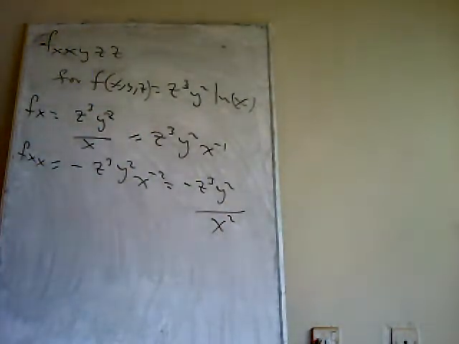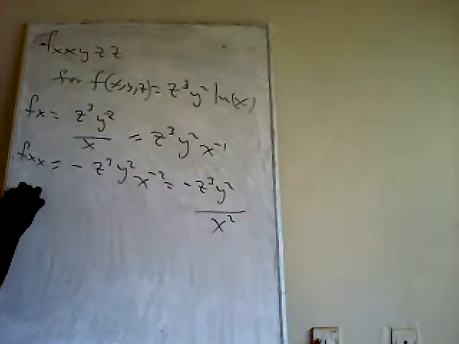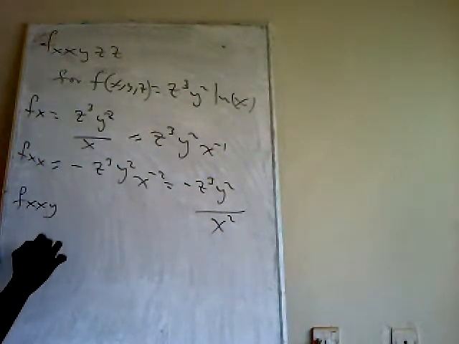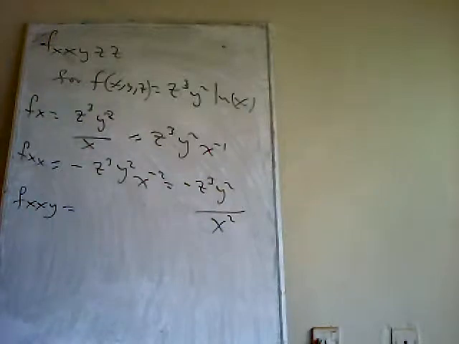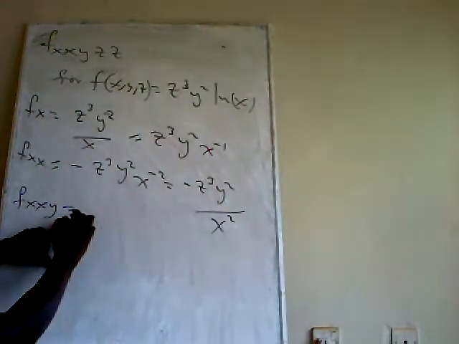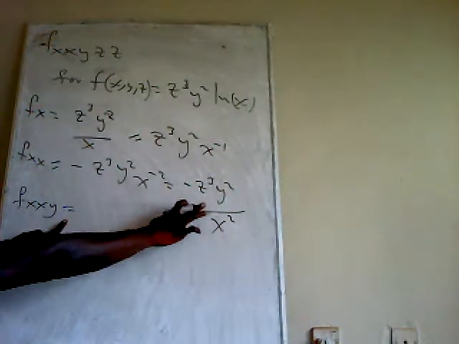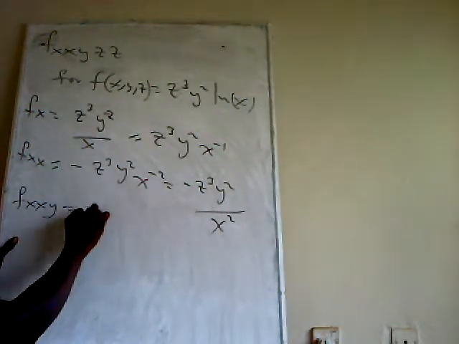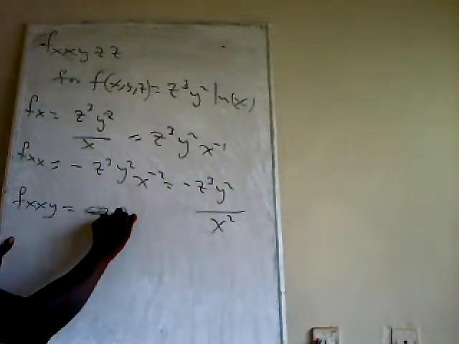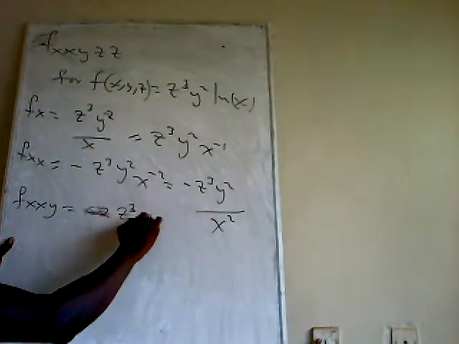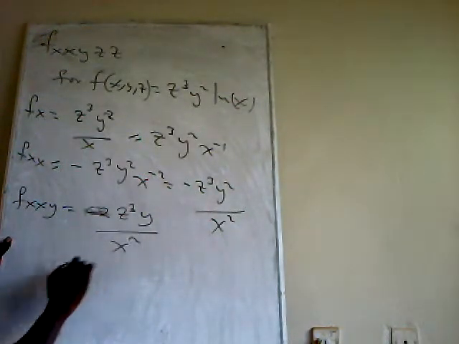Next, I want to find fxxy. I differentiate this with respect to y, and I'm going to have minus 2 z cubed y all over x squared.